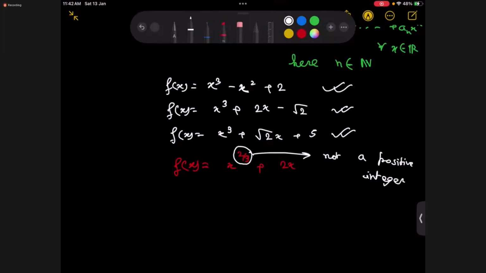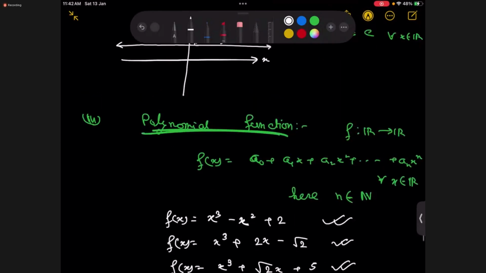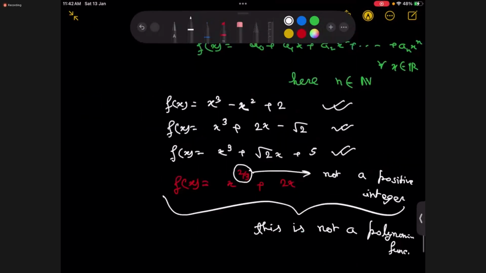So this fact implies that this is not a polynomial function.